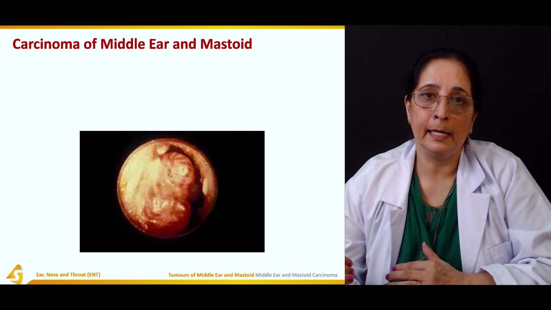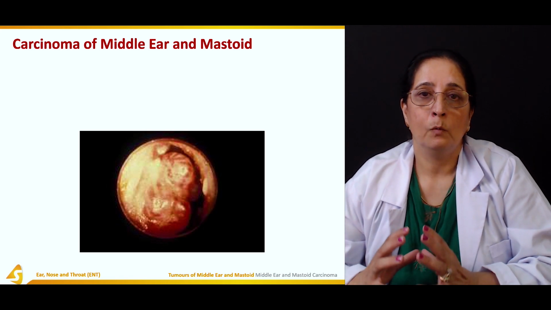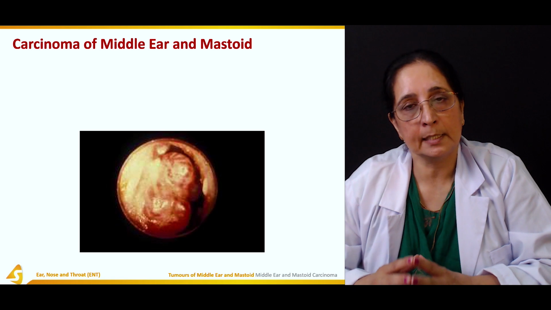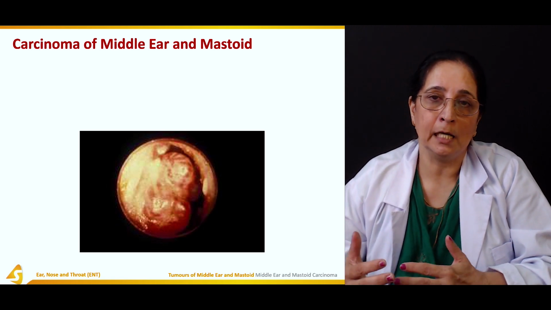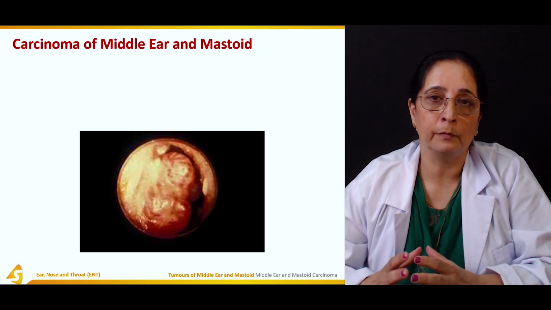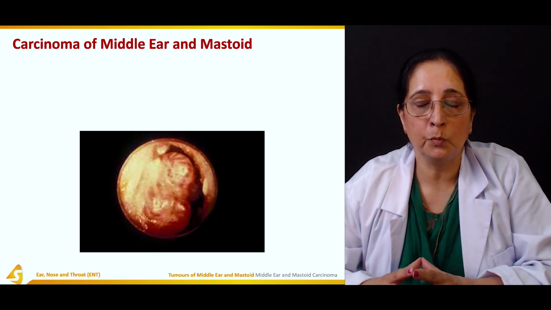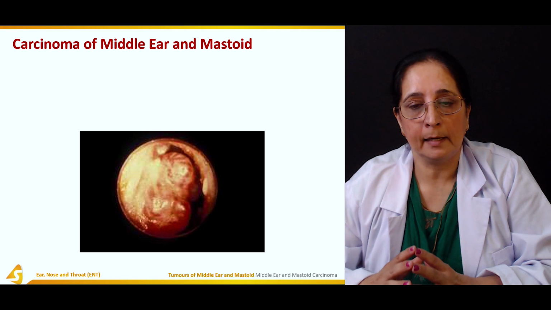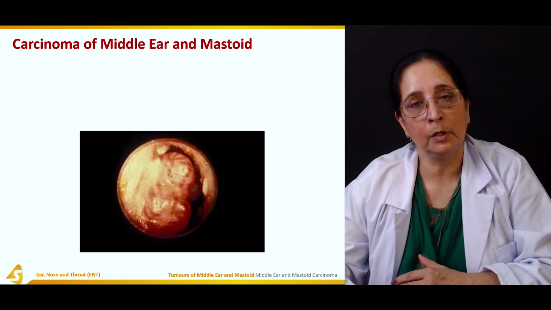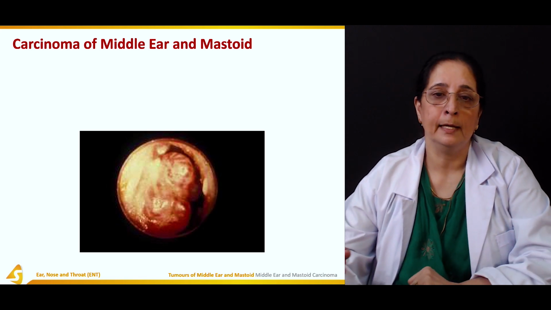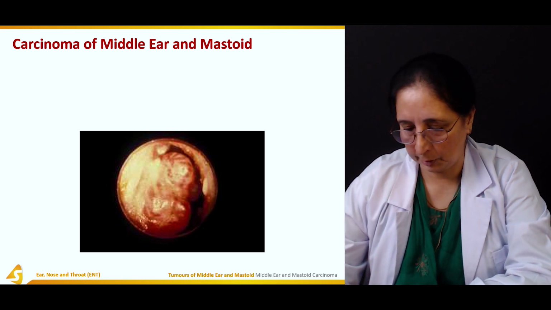And then the malignant tumors, we said, were the carcinomas and sarcomas. So we already talked in detail about the benign tumor, which is the glomus tumor of the middle ear and mastoid. So now let's start talking about the carcinoma of the middle ear and mastoid.